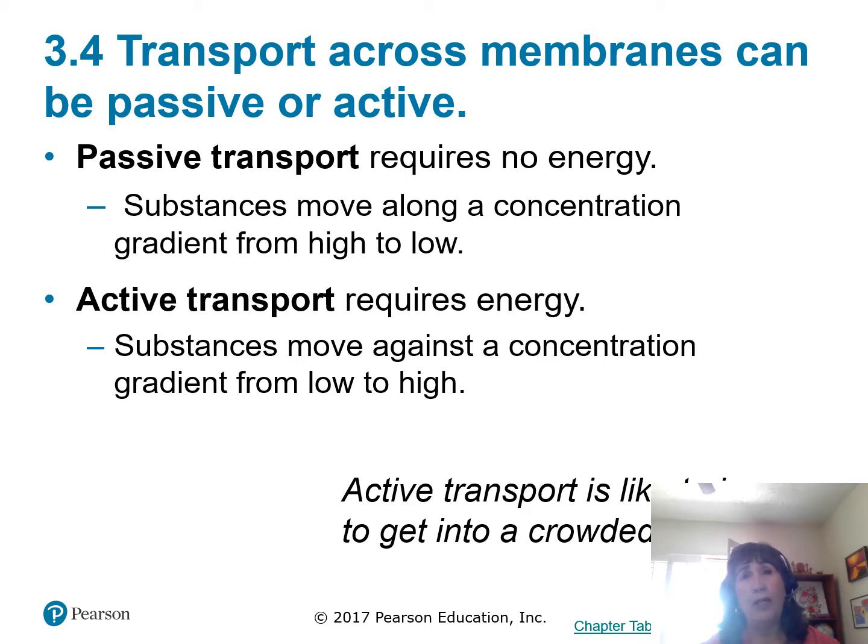Active transport is just the opposite. It requires energy. And you know how I remember this? A is for ATP, A is for active. So active transport needs ATP, which is energy in the cell. So it moves against a concentration gradient. It moves from a low concentration to a high.